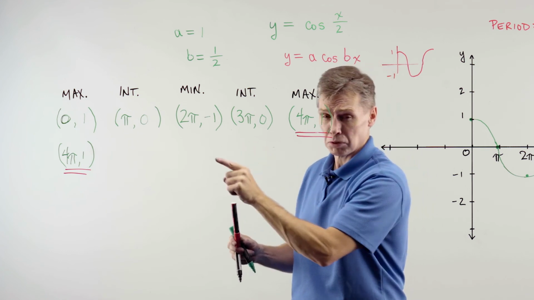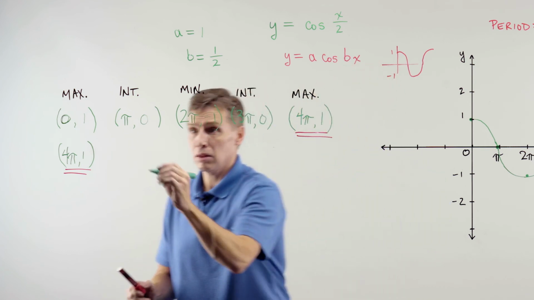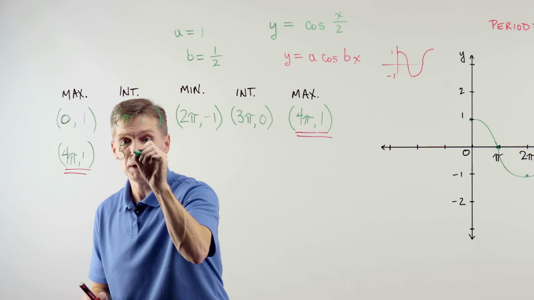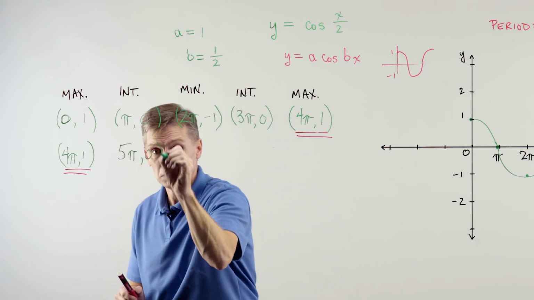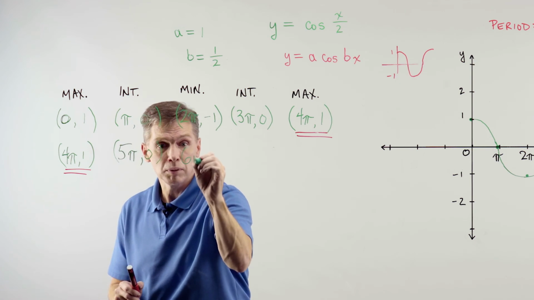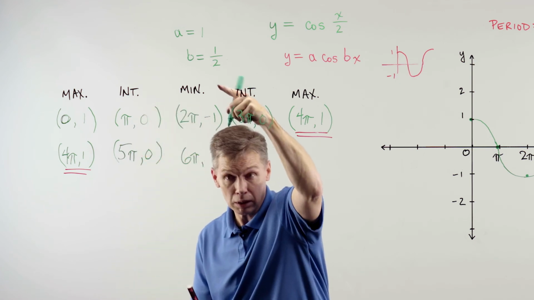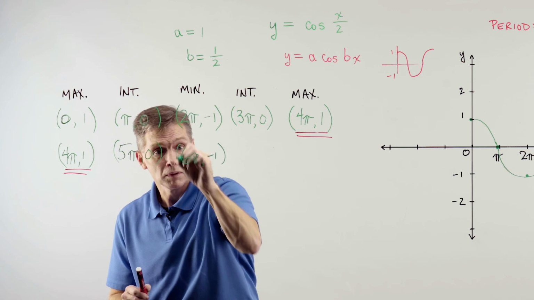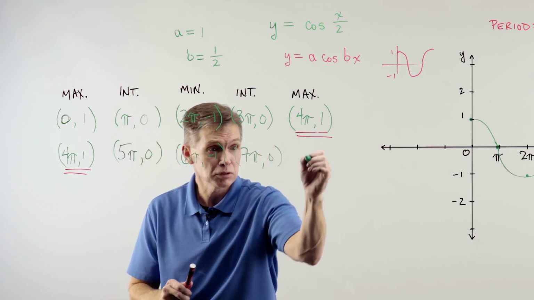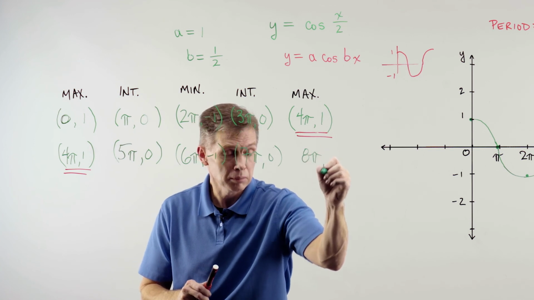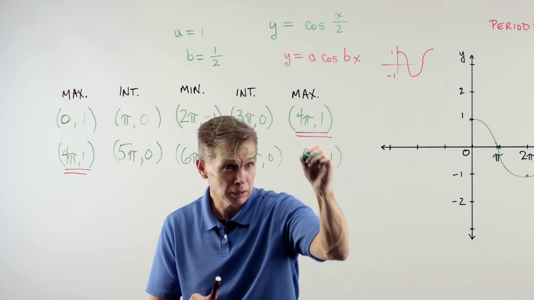It's important to realize those are the same point. Then I'll go to 5 pi, comma, this is an intercept, so it's going to be 0. 6 pi, this is another min, so -1. 7 pi, intercept, so a y value of 0, and 8 pi, back up to that max of 1.